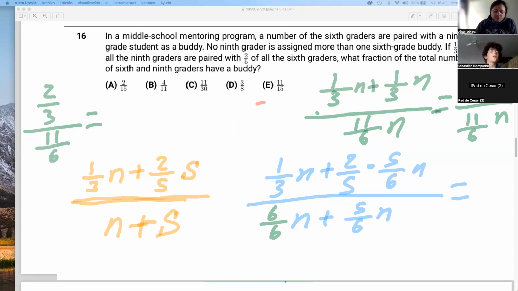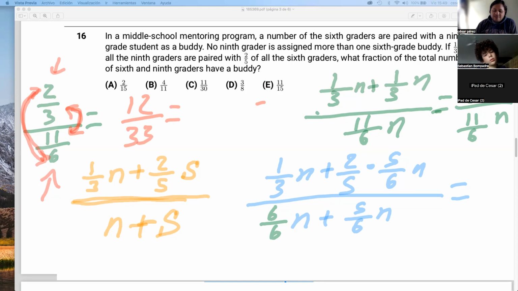When we divide a fraction over a fraction, we can only multiply. In Spanish, we say extremos. I am trying to find how to say it in English. We are going to multiply los extremos, and we are going to multiply the numbers that are in between. So we will get 2 times 6, it's 12. 3 times 11 is 33. When we simplify this, we will get 4 over 11.